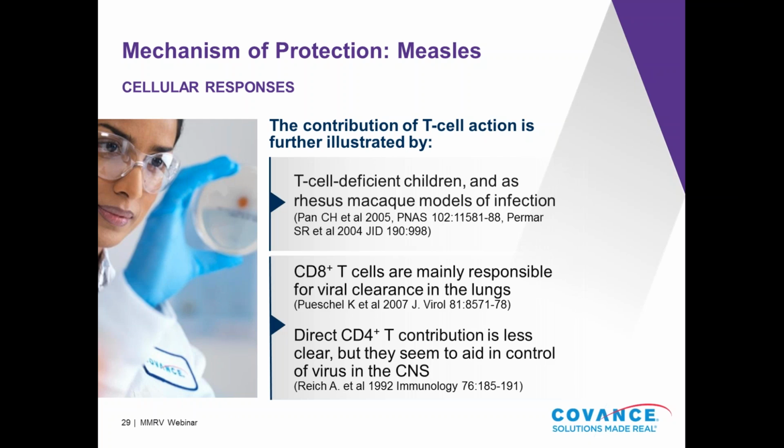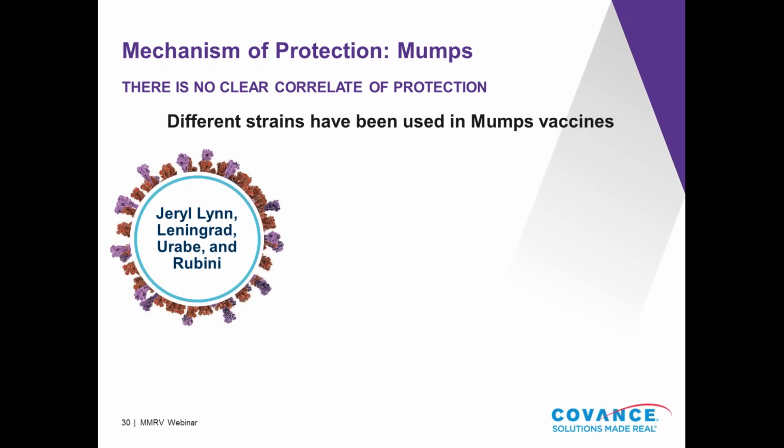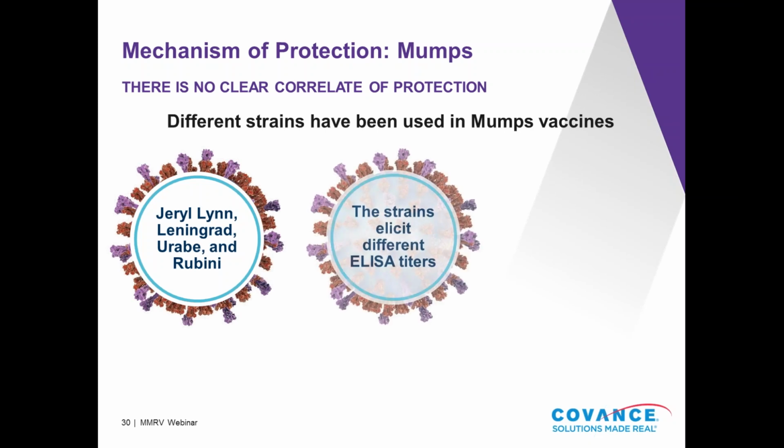Mumps, on the other hand, is a very different story. There is no clear correlate of protection against mumps. We know that antibody transfer does not protect. We also need to keep in mind that different mumps vaccines may contain different strains.